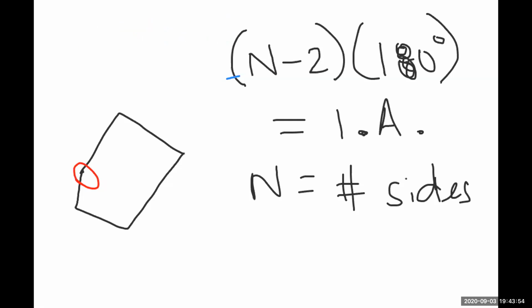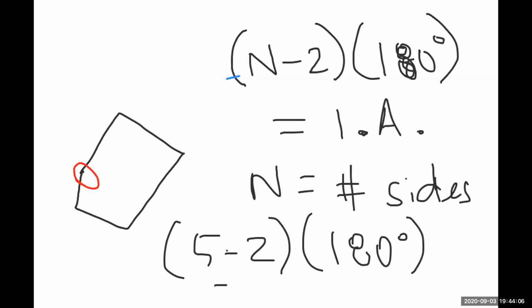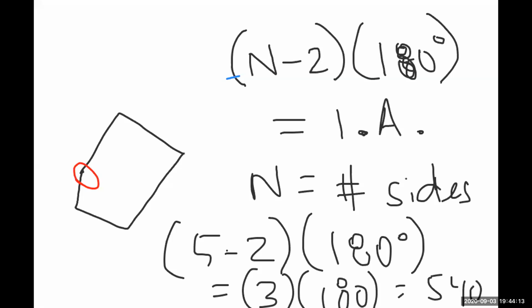Okay, so the number of sides for a pentagon is 5, obviously. So if I take 5 minus 2 times 180, that equals 3 times 180, which equals 540 degrees, okay?